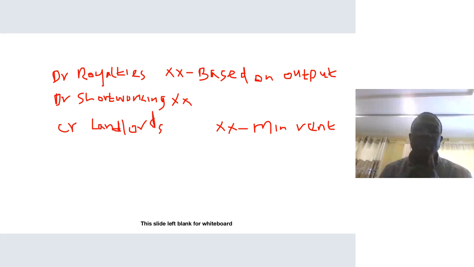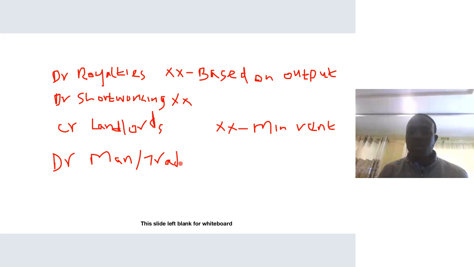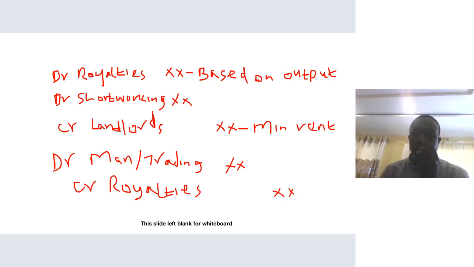Now, if there is a short workings at the end of the financial year, the accounting entries to be made are: number one, we will debit the manufacturing or trading account, and at the same time, we credit the royalties.